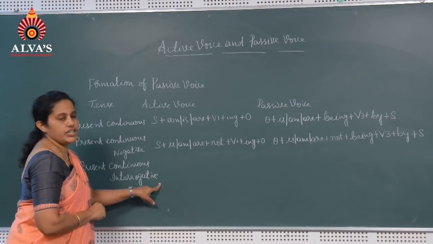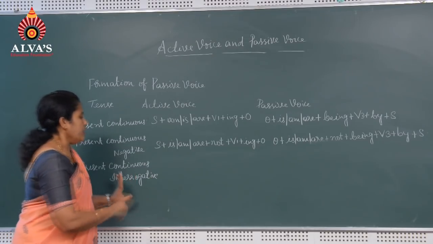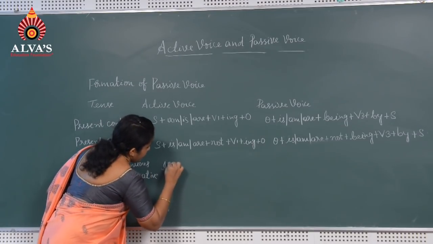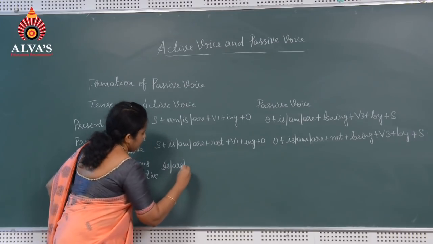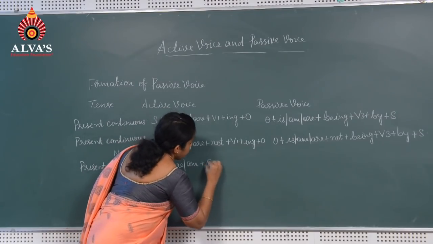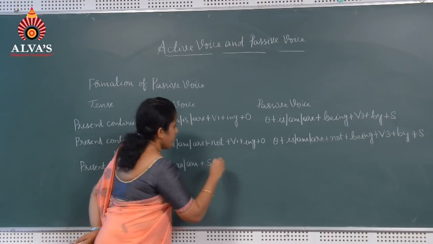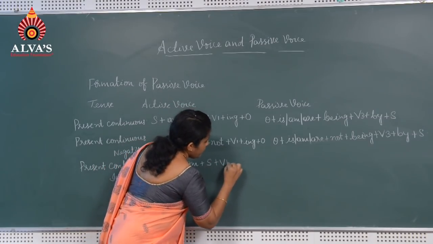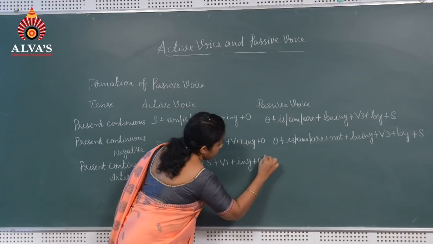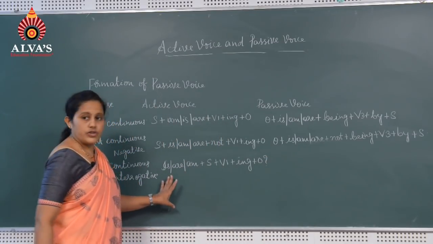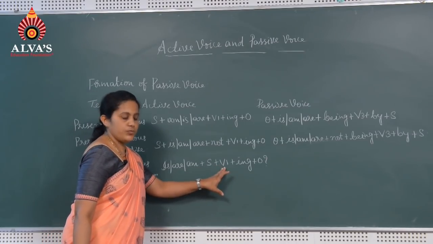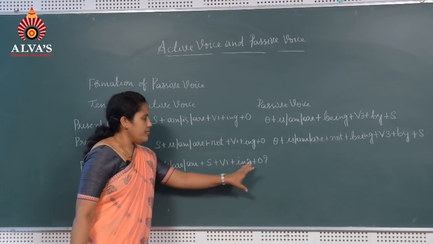Here we have to see the formula first: is or are or am plus subject plus first form of the verb plus ing plus object, then question mark. So, is, are, am plus subject plus first form of the verb plus ing plus object.